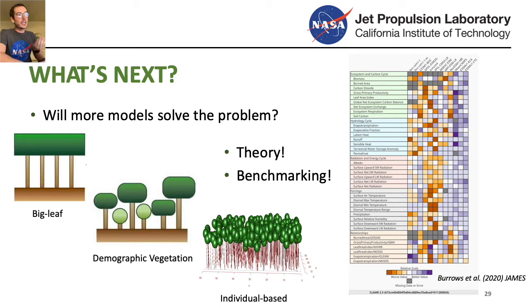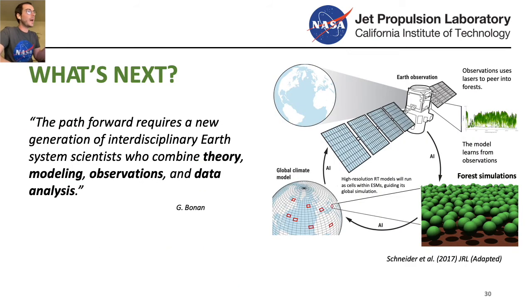That's why I show here the ILAMB table, where we have a number of different data-derived parameters and variables, and we compare our Earth system models. Then we can understand why this model is acting so badly for that data, but so good for that other data. So we can actually be comparing apples to apples.